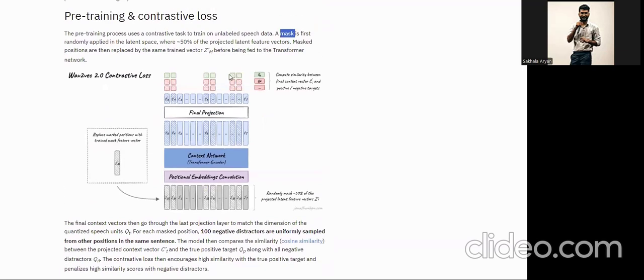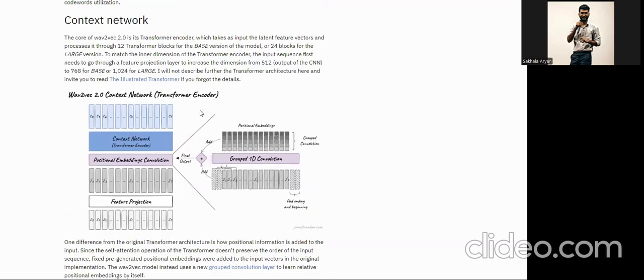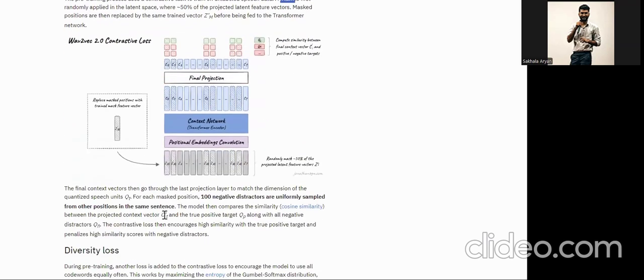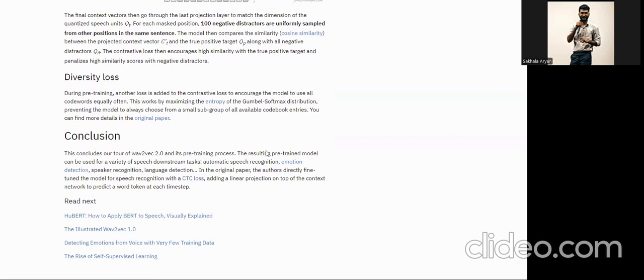Then, with cosine similarity, they compute the similarity between the output of the context network module, C0, C1, up to CT, and the masked module. With the help of cosine similarity, they get the similarity, and in this way the ASR model is tuned.